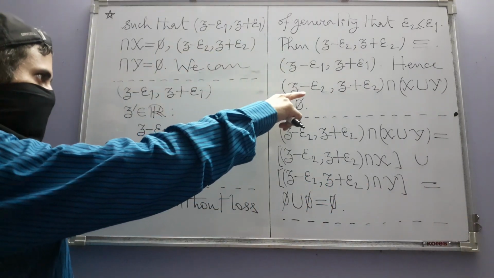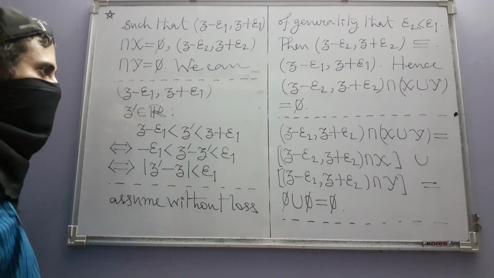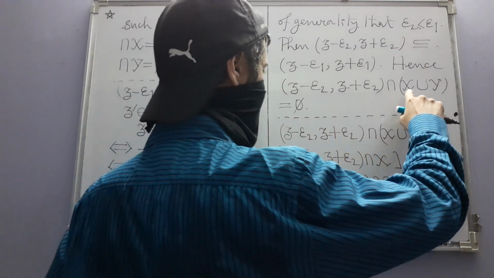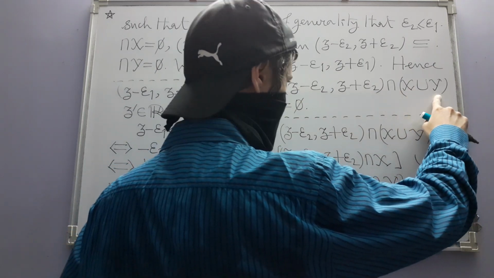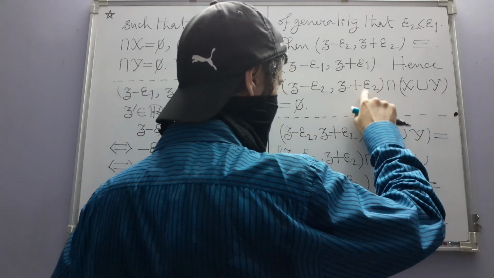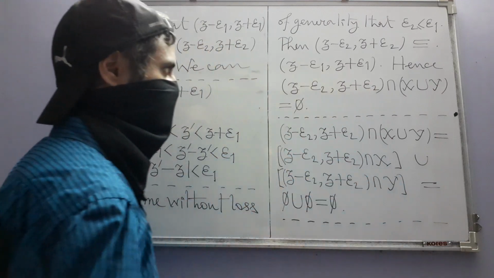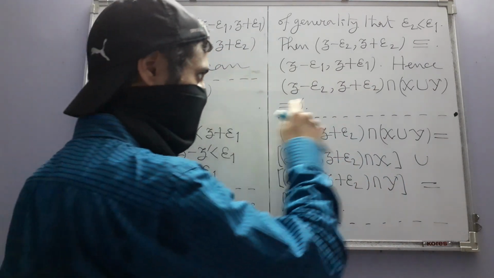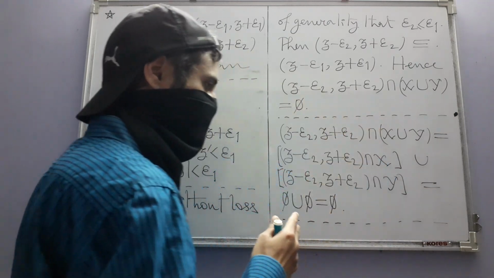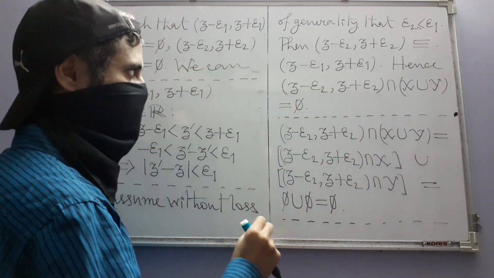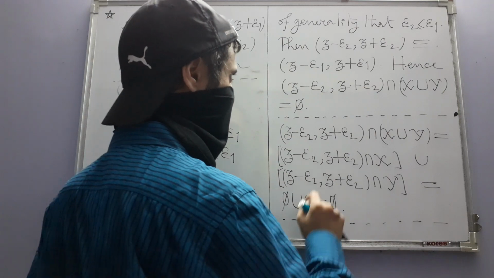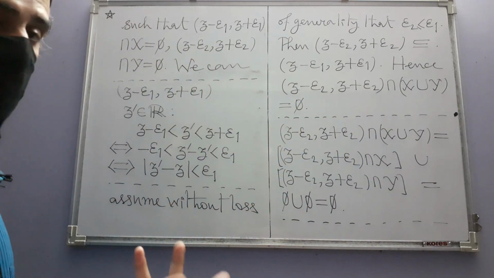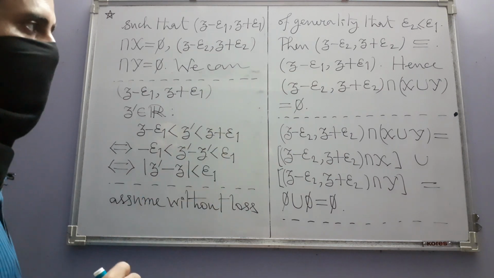Now what does this final equation tell us? It tells us that no point of X union Y is epsilon too close to Z, right? Because there is no common element, and we know that if a real number has to be epsilon too close to Z, then it has to belong to this interval. But that's not the case that we can see here.